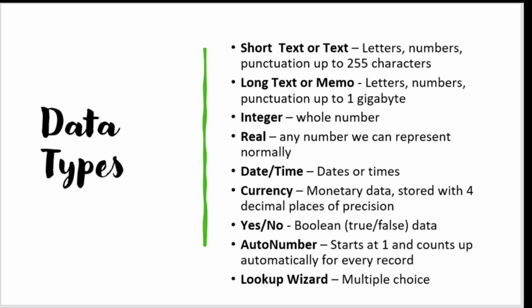And then you have a multiple choice, okay, where you can select different options. All right. So, for example, if I want a data type lookup wizard for my ice cream flavor, yeah, it's nice to have the options that I can select other than someone typing what ice cream flavor they want, because you might not have that ice cream flavor, okay, in your shop. I'm just giving an example of obviously a shop. So yeah. Okay. So these are the most important ones, as I said, and you use them every day.